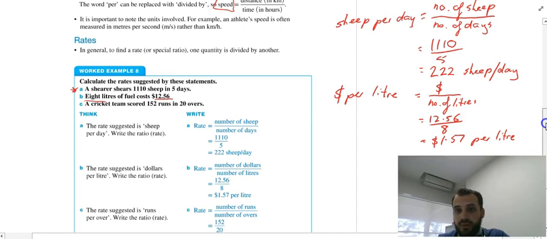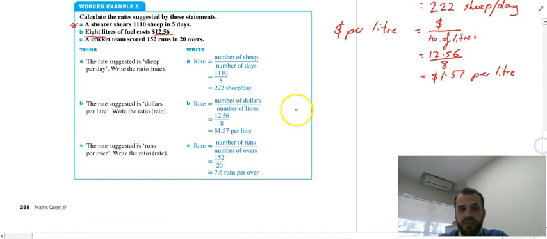If we take a look at one more example here, this is a favourite one of mine. A cricket team scored 152 runs in 20 overs. So if they scored 152 runs in 20 overs, how many runs are they scoring per over? Runs per over.